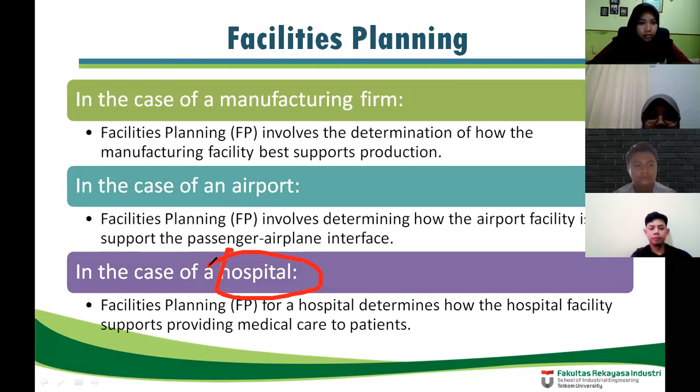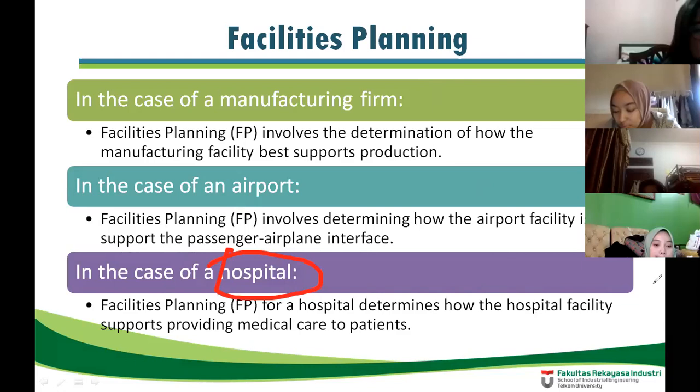Not all people will get infected by COVID-19; some will be infected by other viruses. So we have to reallocate the layout, also the system and everything around the hospital. This is our task, finding the right facility layout and everything related to it.